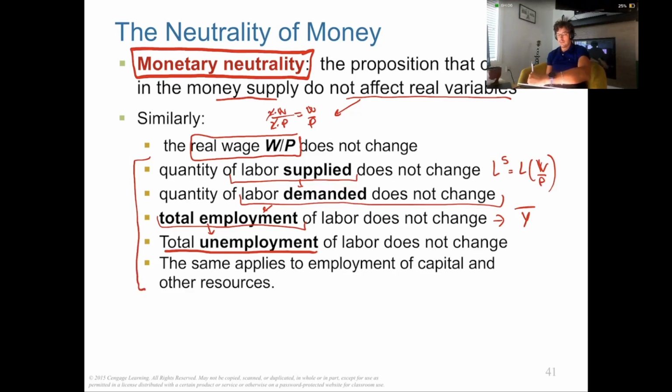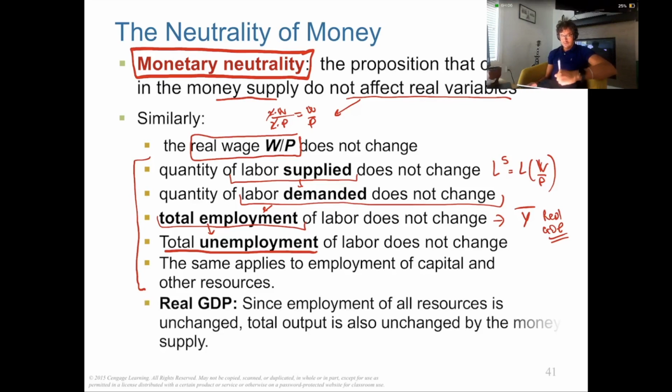Therefore, the real GDP is going to be the same, and therefore unemployment is going to be the same. Real GDP, since employment of all resources is unchanged, total output is also unchanged by the money supply. Everything here in the long run. Okay?